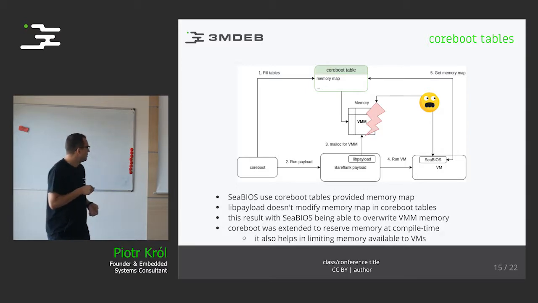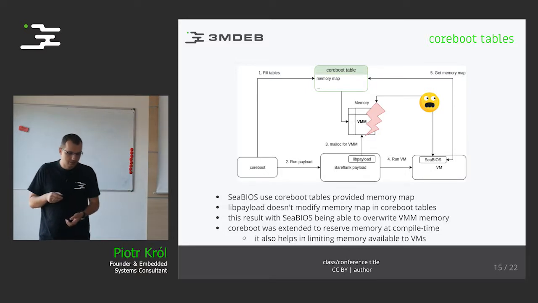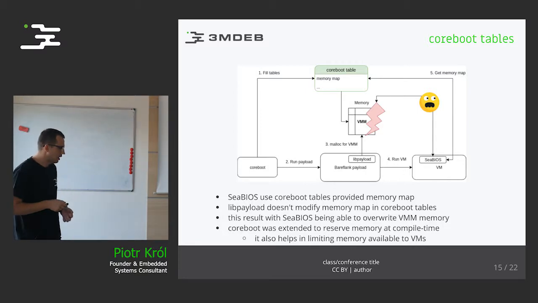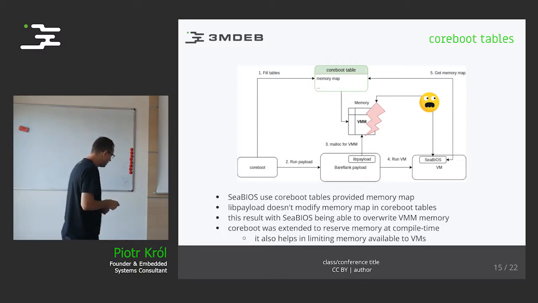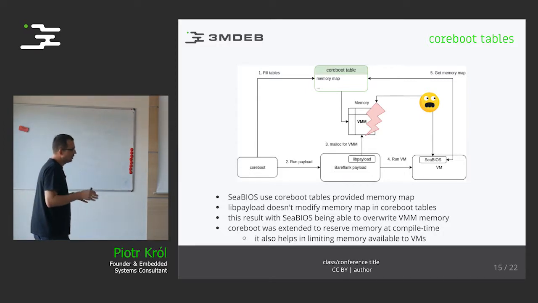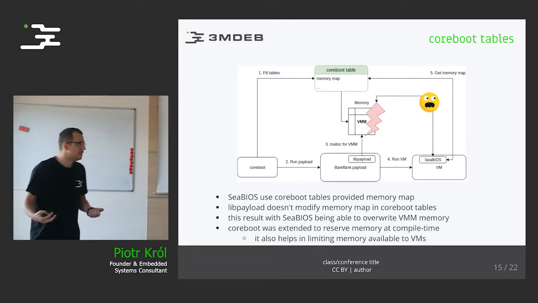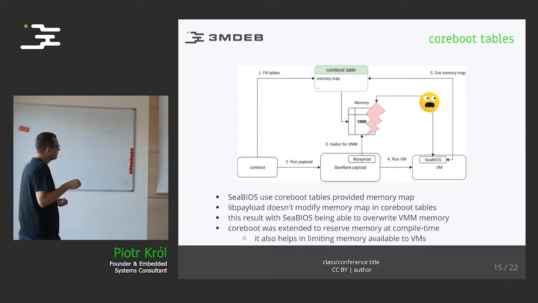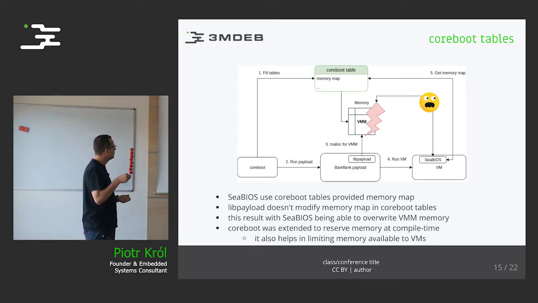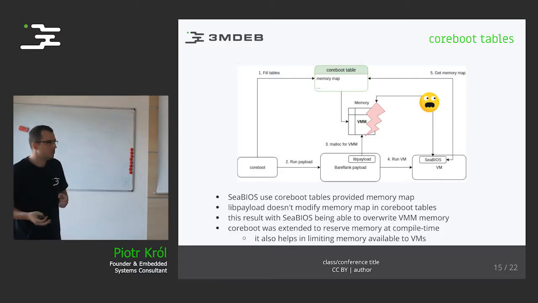But what happened is that we ran our Bareflank payload, which links with libpayload, and libpayload allocations are not related to the coreboot table. Libpayload assumes that the memory it allocates will not be needed after the payload exits, so it does not modify the coreboot table despite changing the memory map and using some areas in memory.